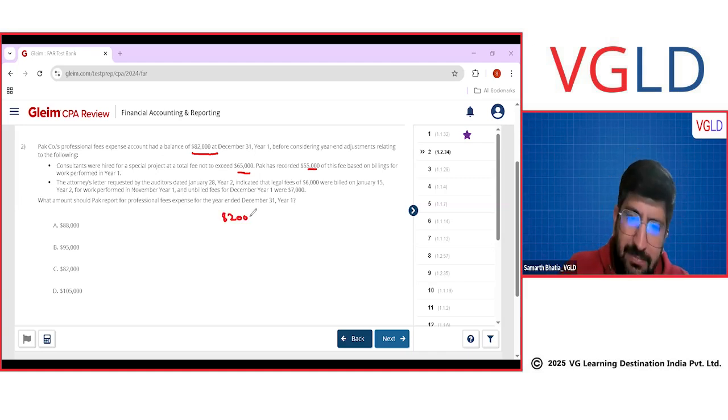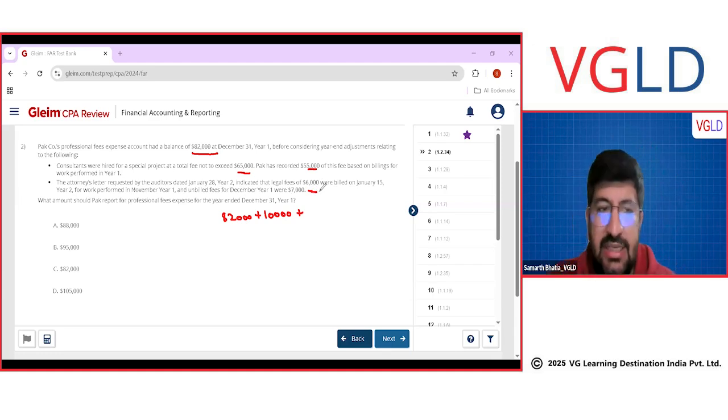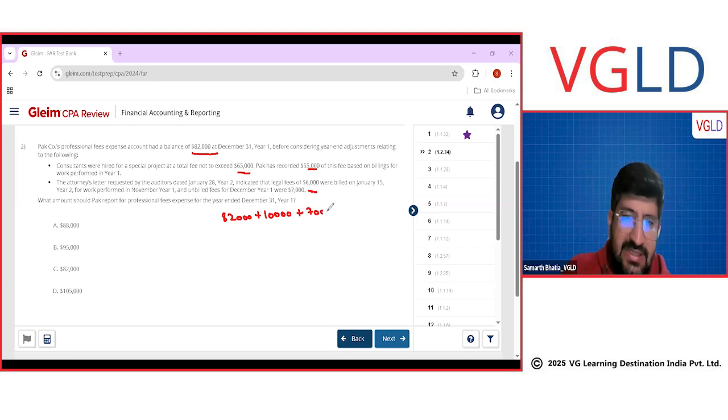So 82,000 plus 10,000 more. Then there's an attorney letter dated January 28, year 2. Fees of 6,000 billed on January 15 relate to November year 1, and 7,000 relates to December year 1. So the total is 7,000 plus 6,000. So 105,000 is going to be the total, I think.